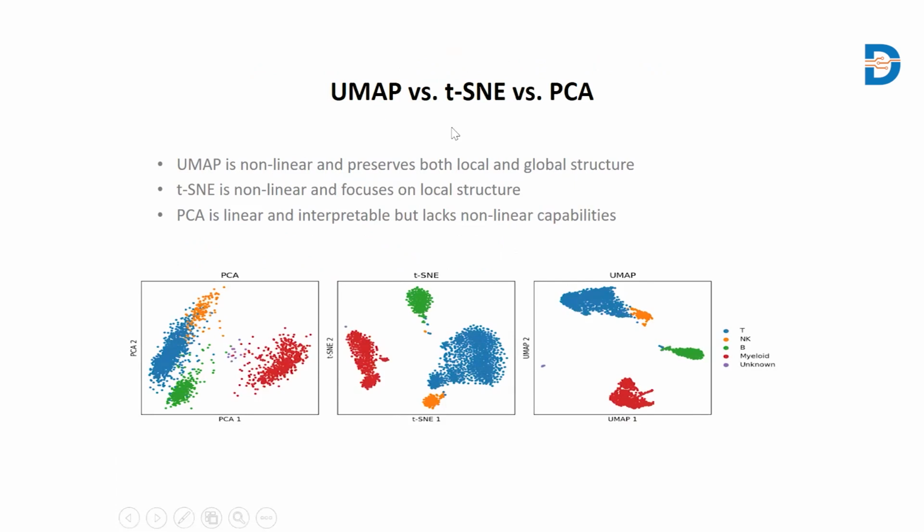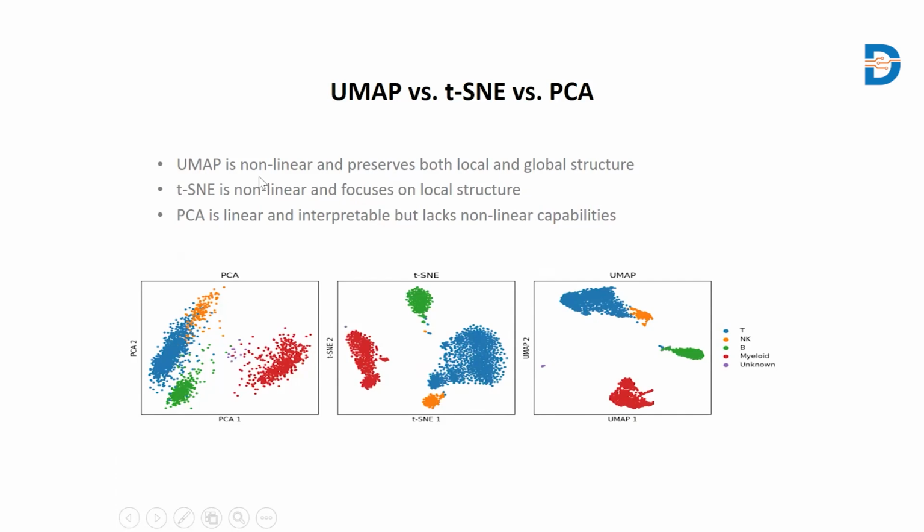Comparison: there are different techniques. UMAP is nonlinear and preserves both local and global structures, whereas t-SNE is nonlinear and focuses on local structures only. PCA is linear and interpretable but lacks nonlinear capabilities.